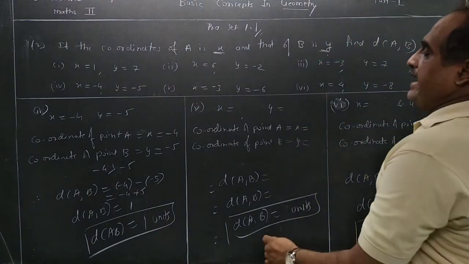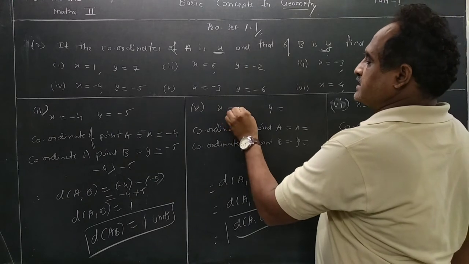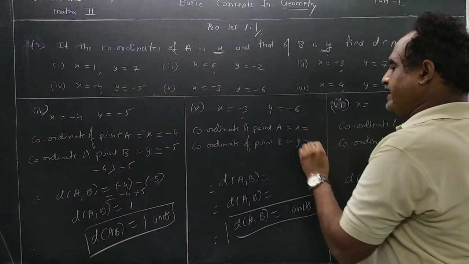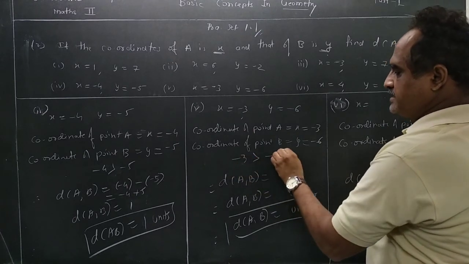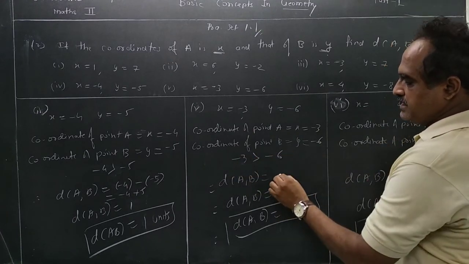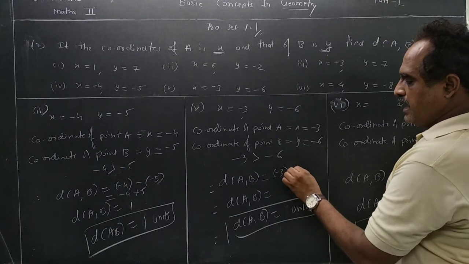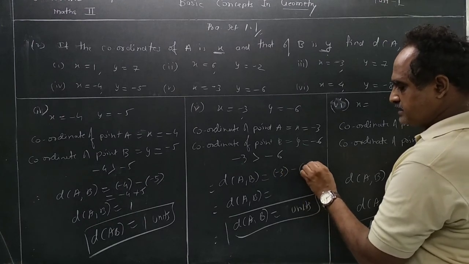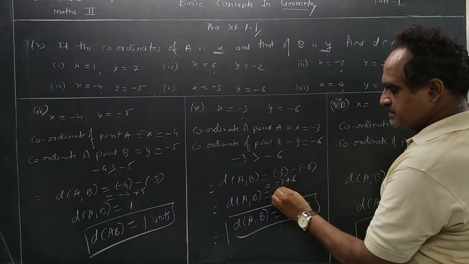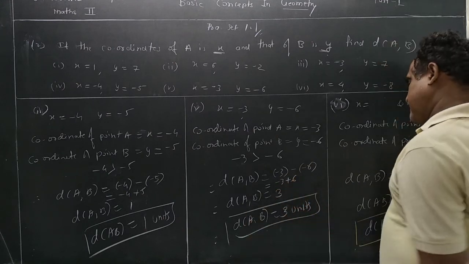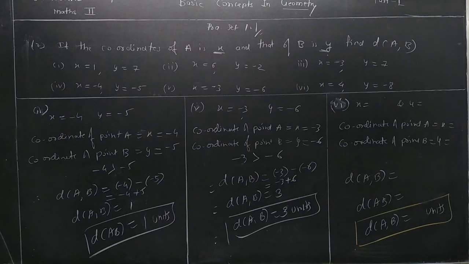Here, for the fifth, x is equal to minus 3, y is equal to minus 6, and minus 3 is greater than minus 6. So minus 3 minus minus 6 is equal to minus 3 plus 6, which is equal to 3. The answer is 3 units.